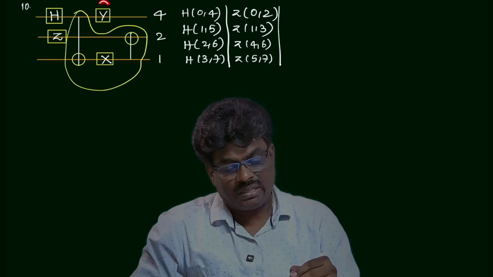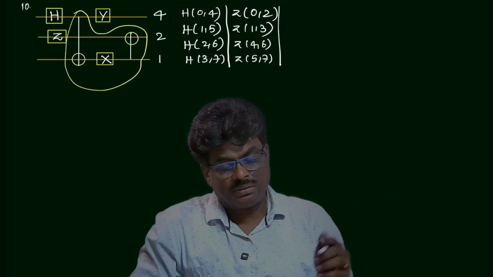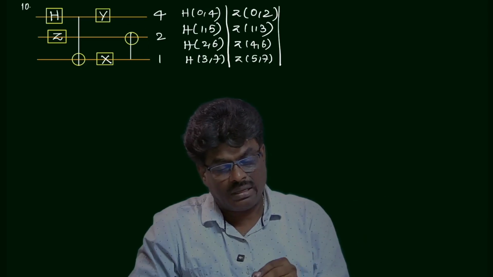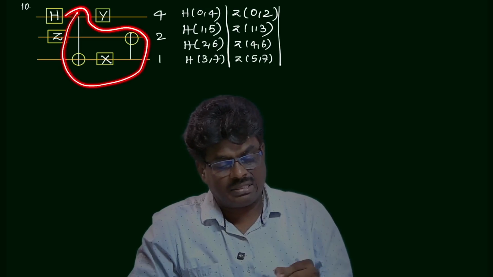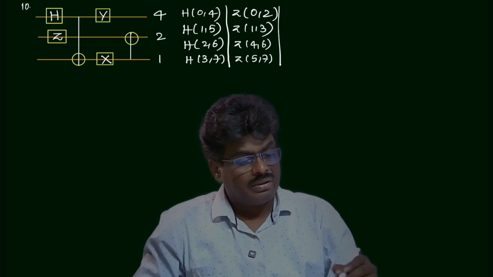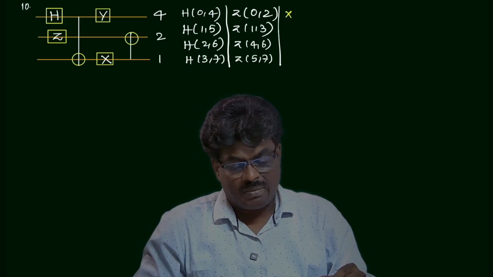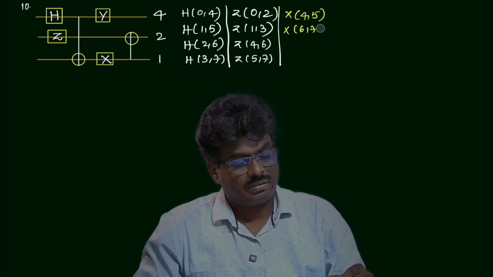Here there is no connection between these two. So that's why you can shift that Y to that end. Okay. Now one more time. So this one I am taking this first, and Y just moving to the right side. Okay. So here X combination, that is 4 comma 5, 6 comma 7.